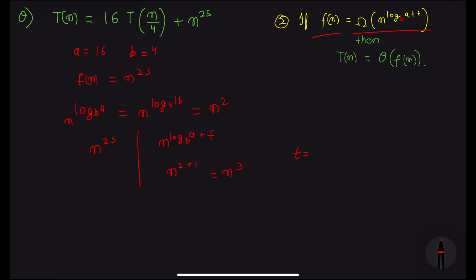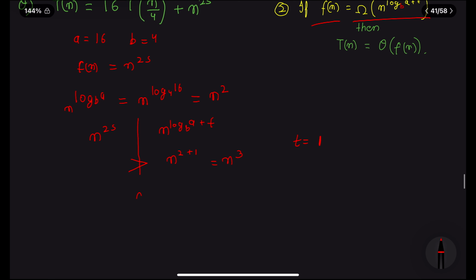So here the value of t we can take as 1. Now if we check, n raised to the power 2.5 is greater than n raised to the power 3, so this condition is satisfied, so n raised to the power 2.5 is omega of n cube. So we can write that T(n), the final time complexity, will be the function itself. So the final complexity will be theta of n raised to the power 2.5.